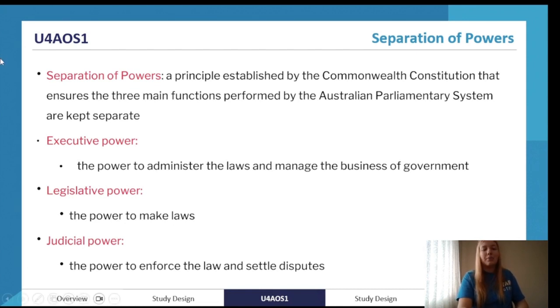Judicial power is the power to enforce the law and settle disputes. When we're talking about this, we're more so talking about the High Court judges being able to do this at Commonwealth level and regarding the interpretation of the Constitution. Now, in theory, this is kept pretty separate.